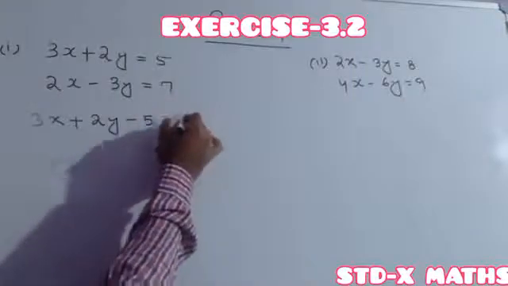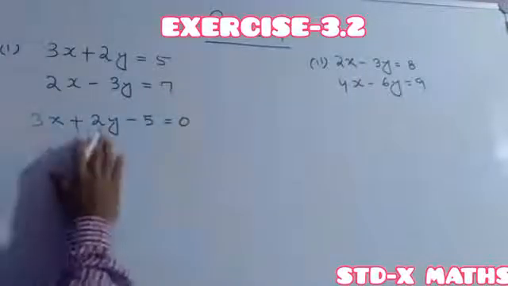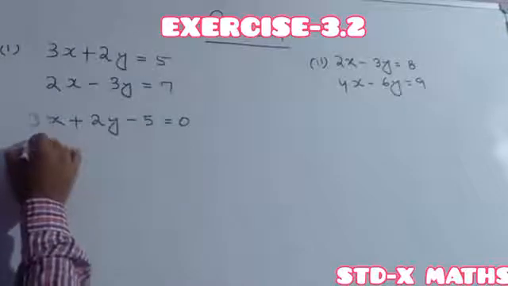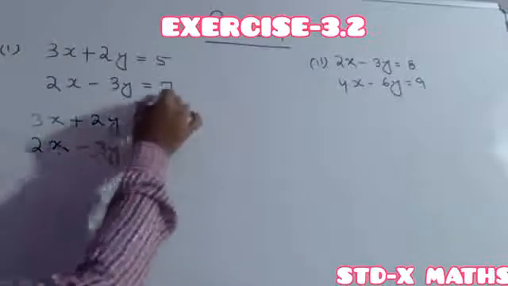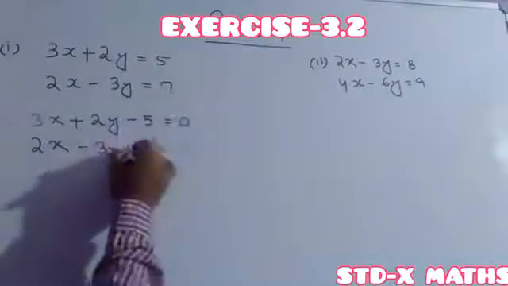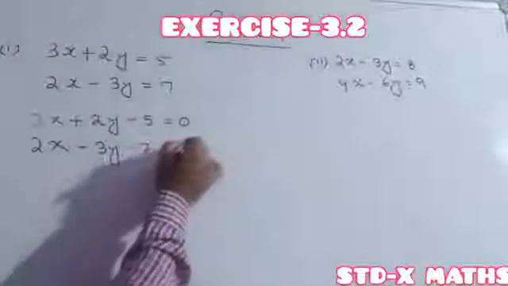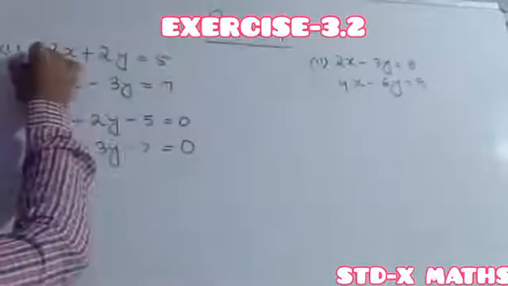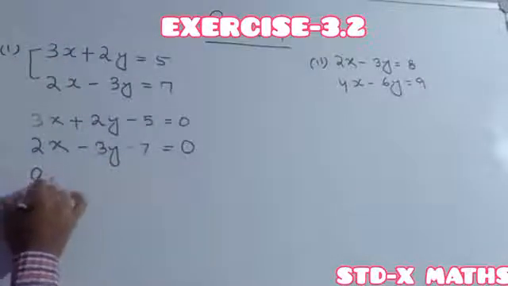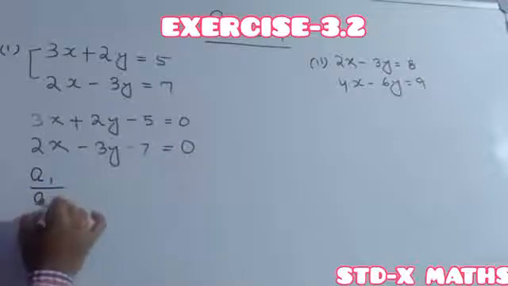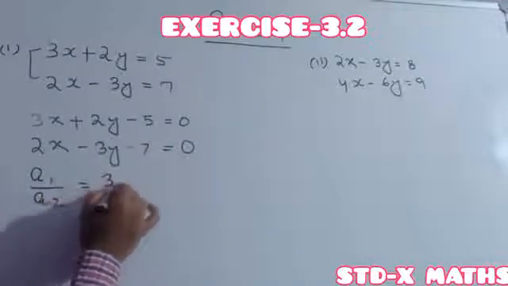Here it is 2x minus 3y, and the constant on the right side, transposing it to the left side, the right side becomes 0. And here the ratio a1 divided by a2 is 3 by 2.